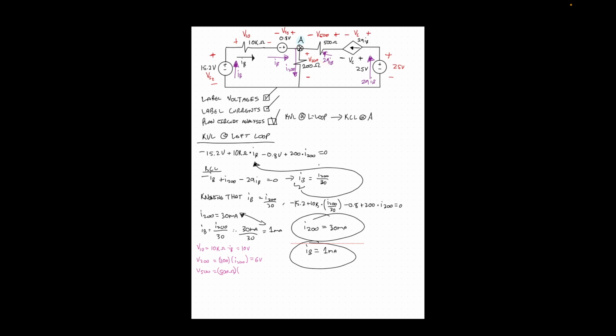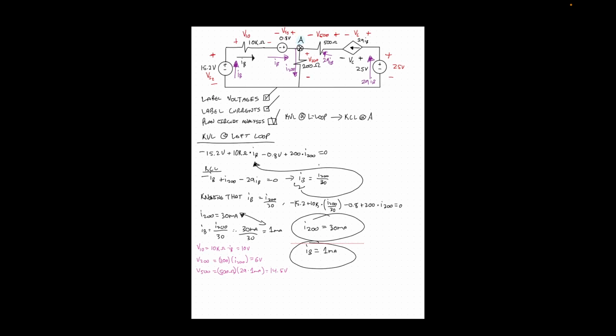We're having 29 times IB. Therefore, the current that travels through here is 29 times whatever IB is. It's as simple as that. There's no need to overcomplicate it. So I'm going to be doing 29 multiplied by IB. IB is 1 milliamp. Therefore, the value for V500 will equal 14.5 volts.